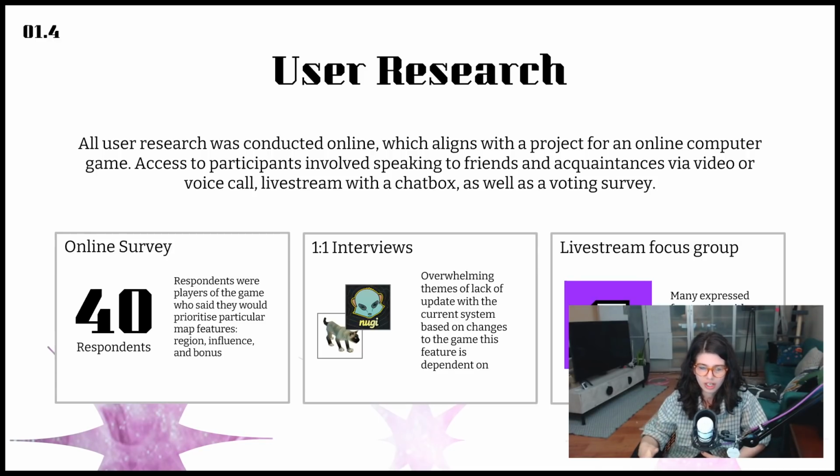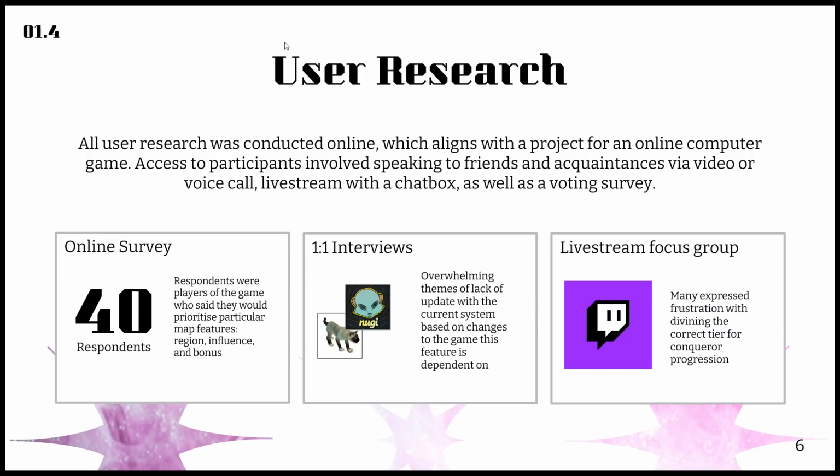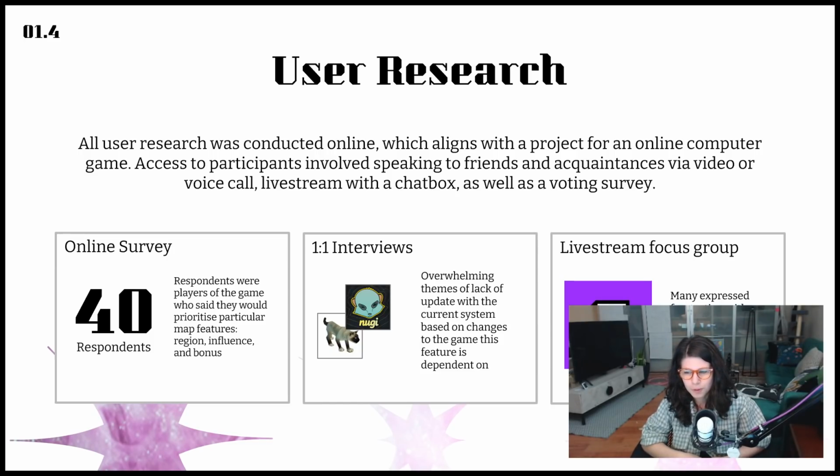I looked at some online surveys from respondents who were prioritizing different things that they find important when they try to choose a map. I also conducted some one-on-one interviews with players that you might recognize, such as Noogie and Tarkycat. And I also ran a live stream focus group against my project mentor's recommendation. He says that focus groups are really messy.